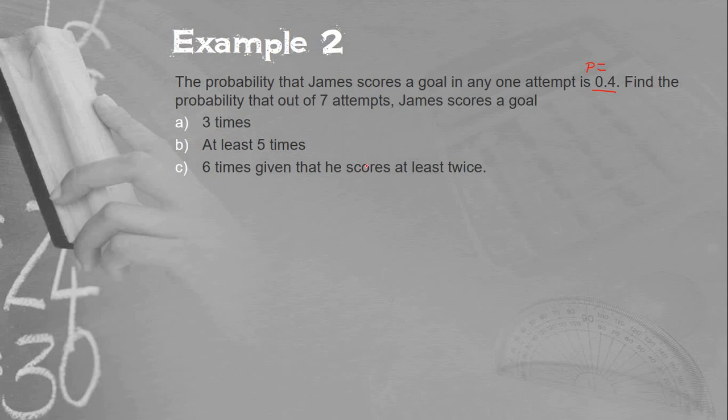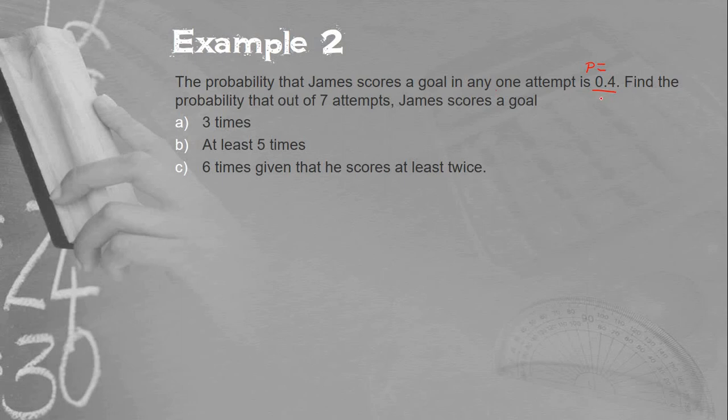First of all, we have only two options, either success, he scores a goal, or failure, he does not. Secondly, the probability of success does not change, it is always 0.4. Our third property is that the trials are independent, and they are because the probability that he scores a goal in any one attempt is this, regardless of the other attempts.